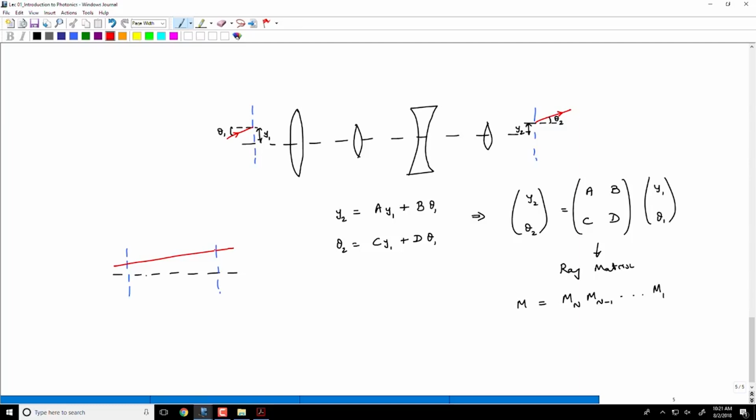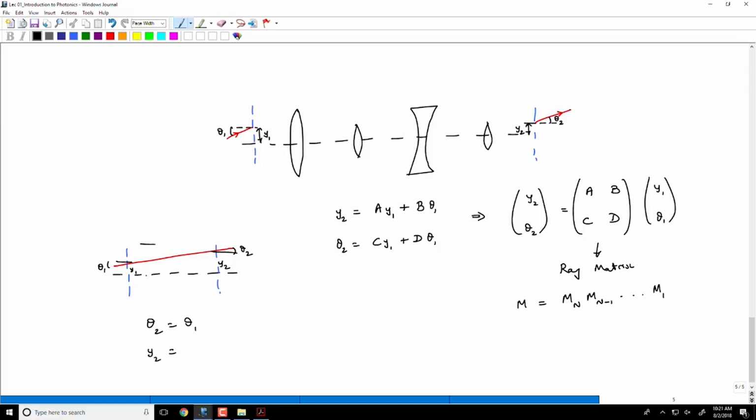So, how would the ABCD matrix look for something like this? Okay. So, I can essentially write, so this is y1, this is y2, this is theta 1, this is theta 2. Okay. So, we know that theta 2 equals theta 1, right, and what is y2?